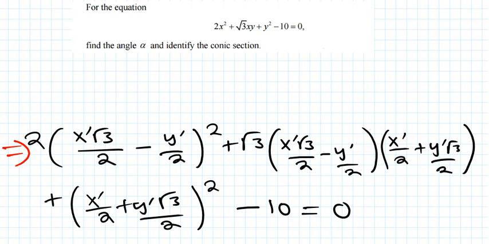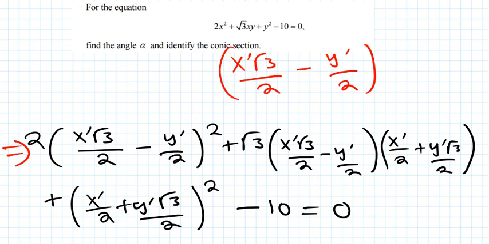Okay, so if you look at what we have here, what can we do to make things faster and easier for ourselves? So we have x prime root of 3 over 2 minus y prime over 2.